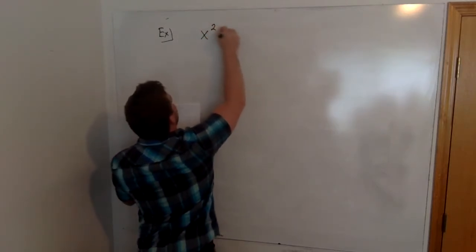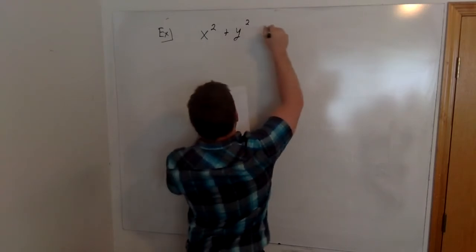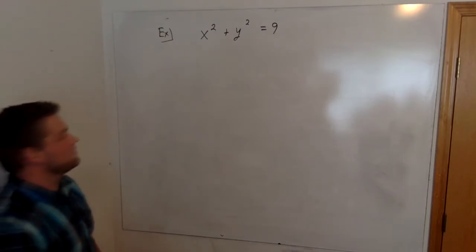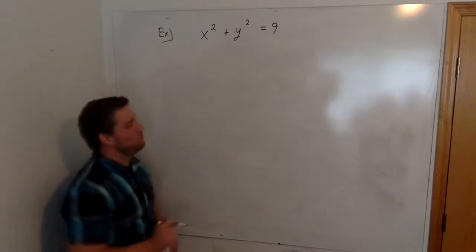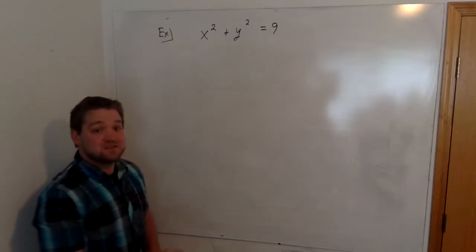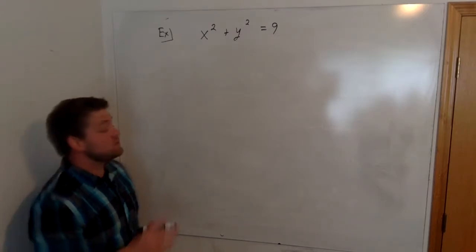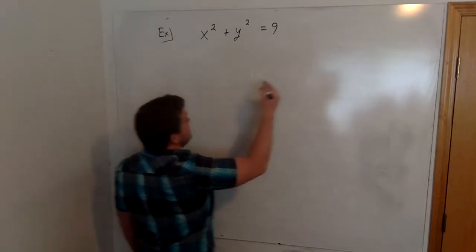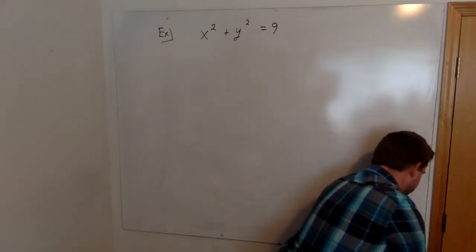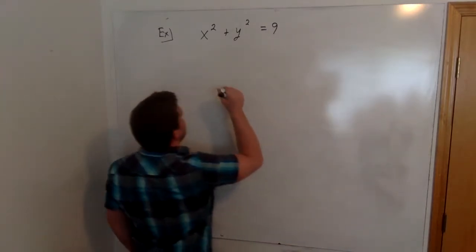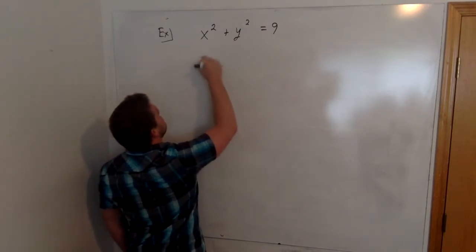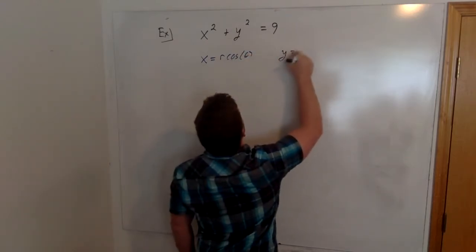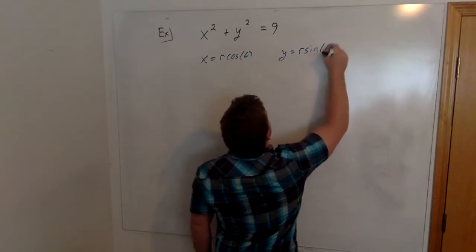Let's say x squared plus y squared is equal to 9. You might already know what this equation is describing, but if you don't, I'm going to hold off. This has x's and y's in it, so we are in rectangular coordinates, but we would like to transform this to have r's and thetas in it. So what we can do is remember that x is equivalent to r times the cosine of theta, and y is equivalent to r times the sine of theta.